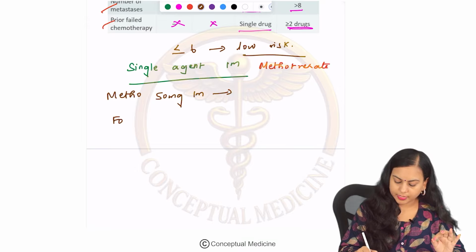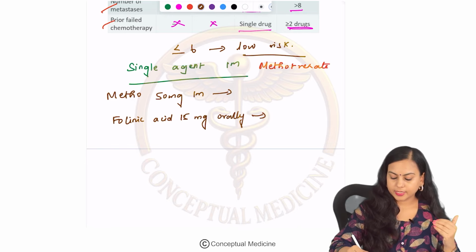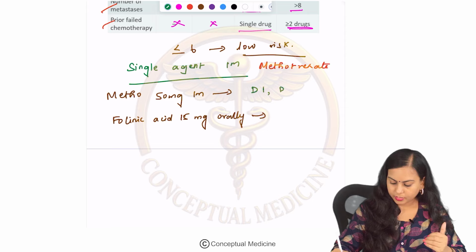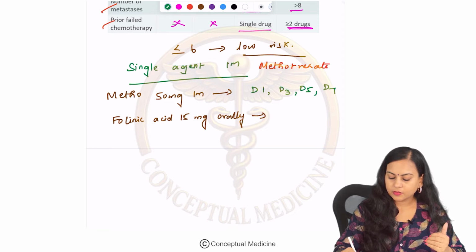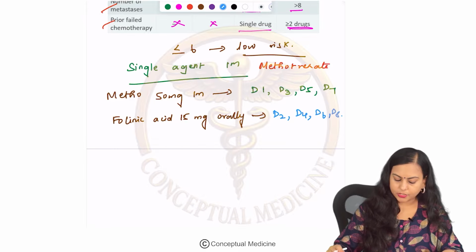Folinic acid tablet is given 15 milligram orally. These drugs should alternate. For example, if you are giving methotrexate on day 1, day 3, day 5 and day 7, folinic acid will be given on day 2, day 4, day 6 and day 8.